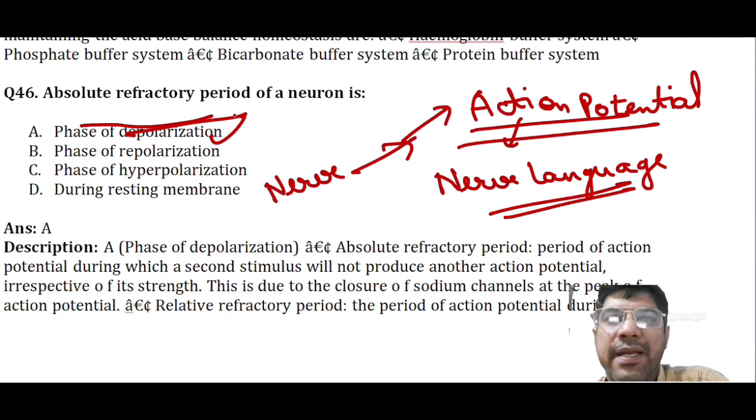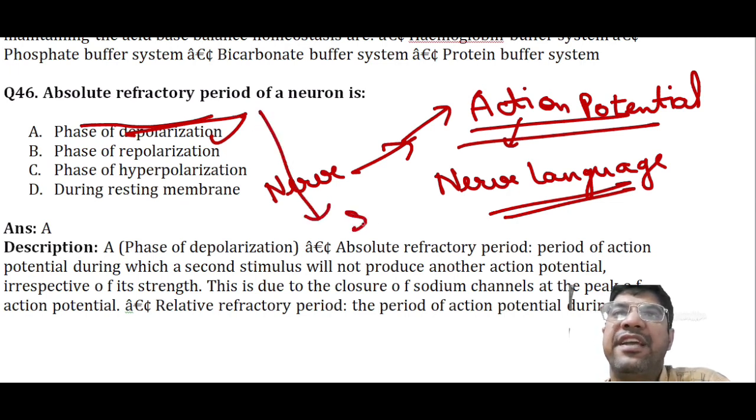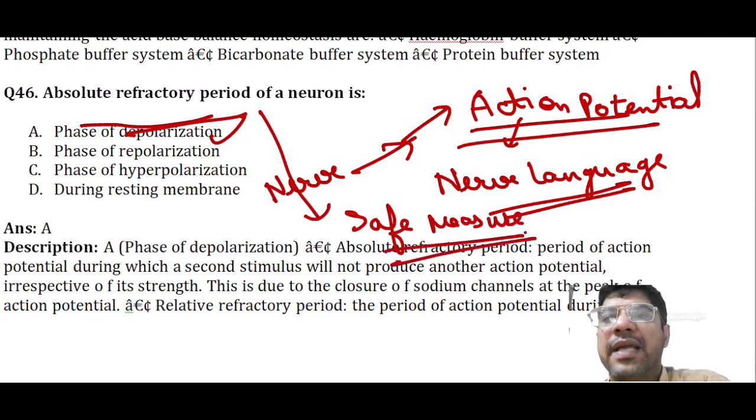So why the break? The absolute refractory period is a safety measure. It ensures that the action potential has time to move in one direction and does not get overwhelmed with more signals.